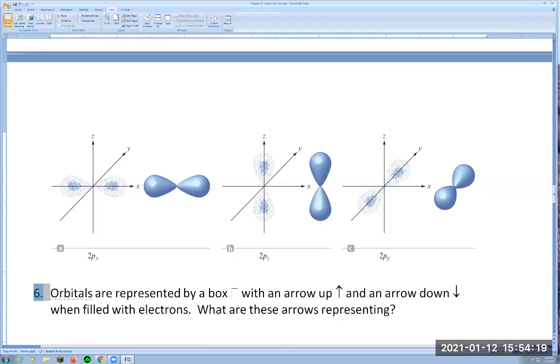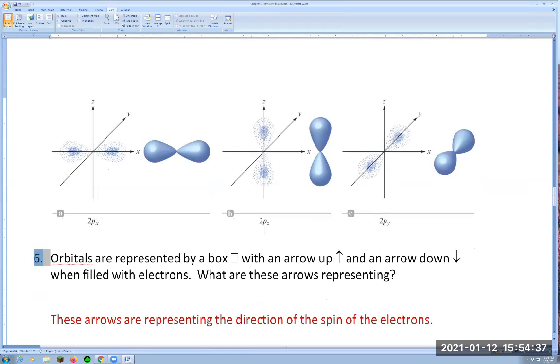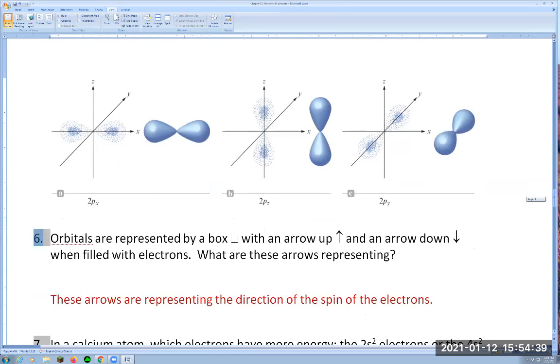So when you have an orbital with 2 electrons maximum, there will always be one arrow up and one arrow down, because they are spinning in opposite directions. Otherwise, they could not both be in one single orbital. So these arrows represent the direction of the spin of the electrons. Let's say one is clockwise and the other is counterclockwise. So be aware that you should always pay attention to the way you draw your arrows.